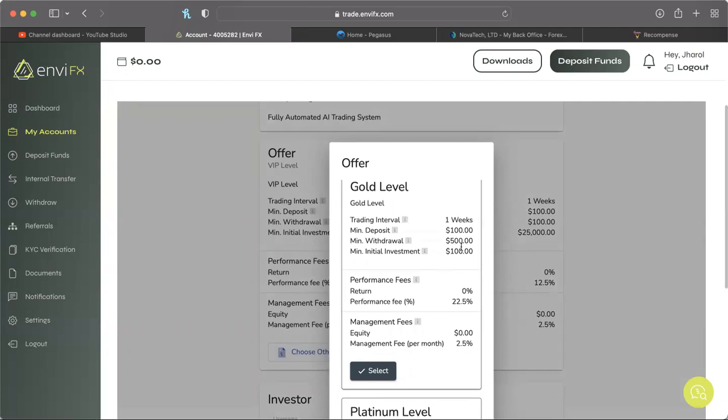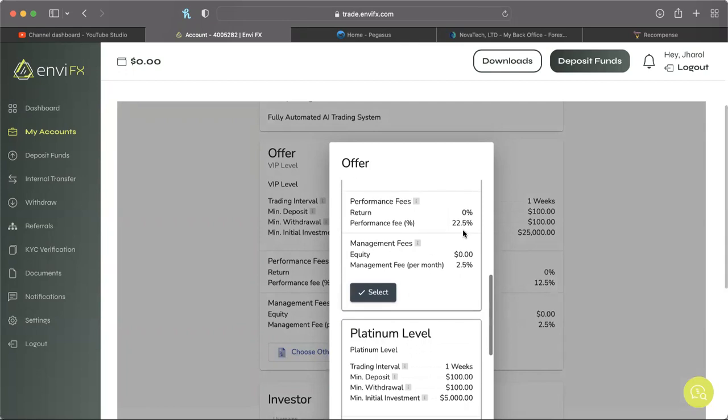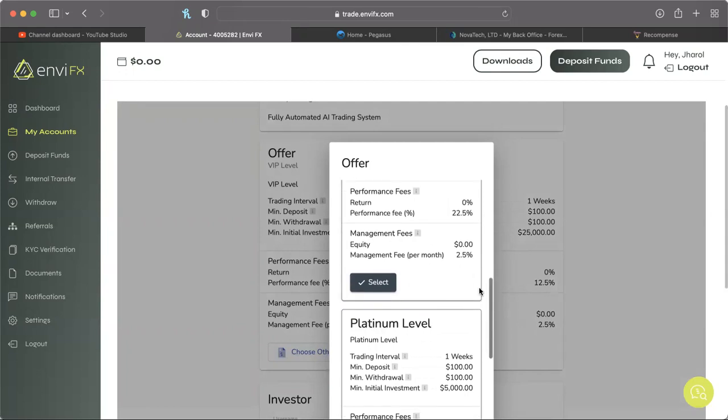They want to show you what the power of compounding can do. Minimum deposit, initial investment, is $100. Performance fee for that is 22.5%. Same management fee.